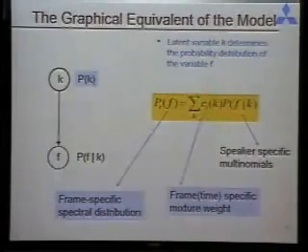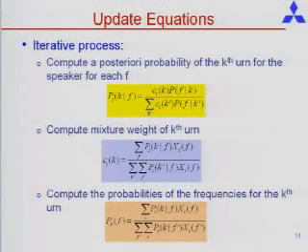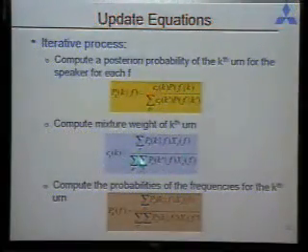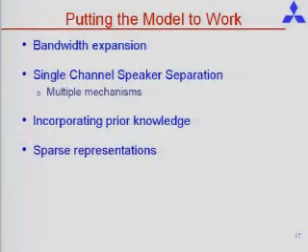And they are mixed by these mixture weights, which are the only things that change from analysis frame to analysis frame. Given this, you can come up with a set of simple update equations which are extremely simple to implement, and I don't need to go through them, but you can check them on the slides. If you just implement these formulae, you will actually estimate the distributions for the urns and the mixture weight in every single analysis frame.